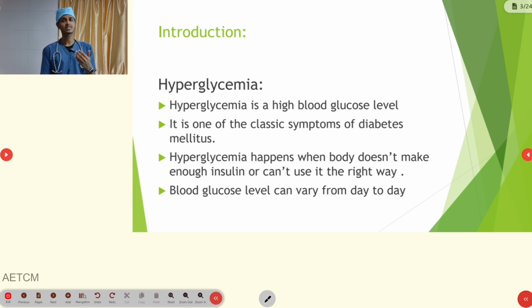So before that, what is meant by hyperglycemia? It is a simple term. There is an excess amount of glucose in the blood. Normally in a healthy individual, after having food, there will be an excess amount of glucose.